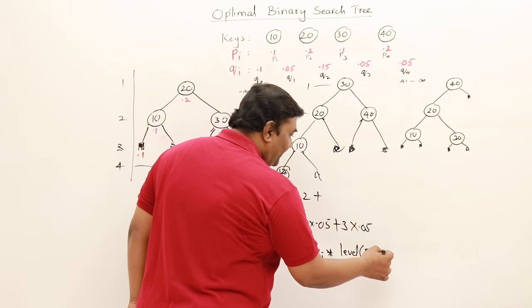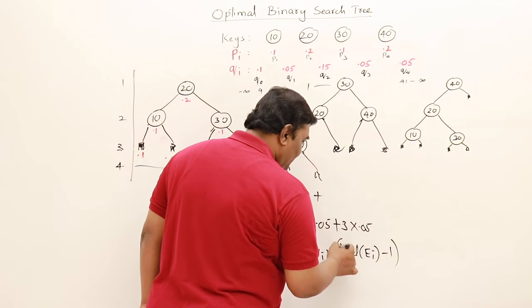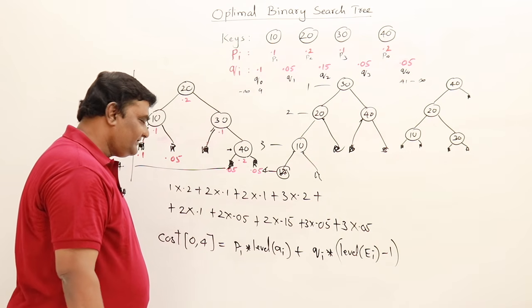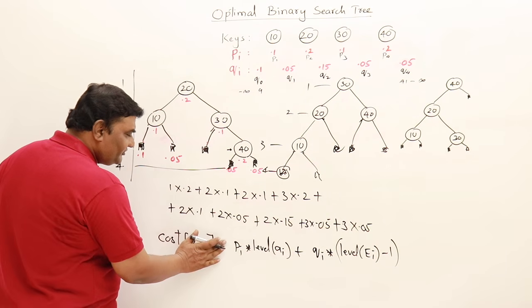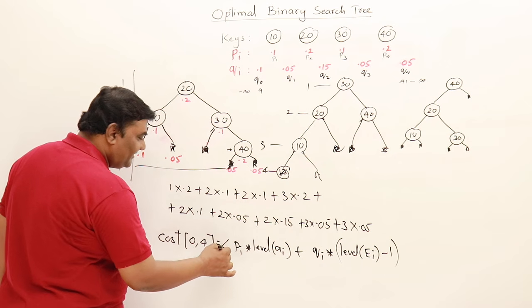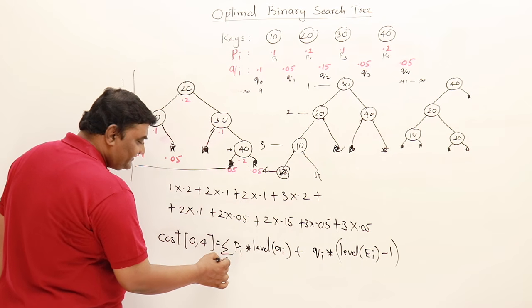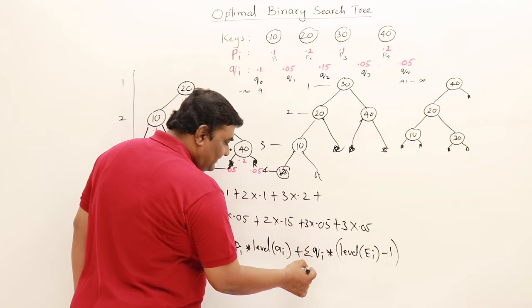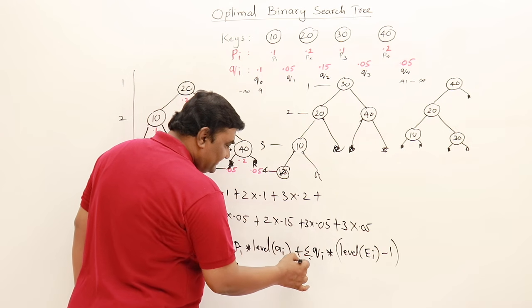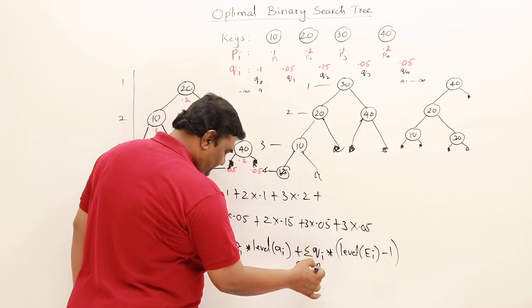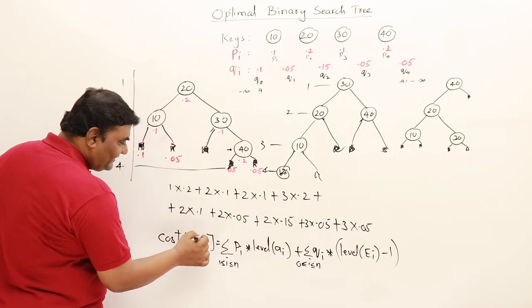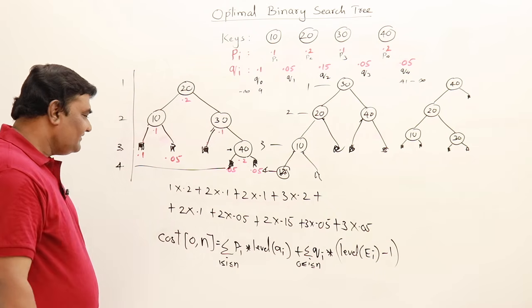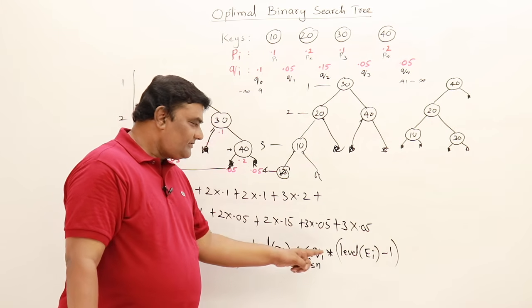So this is minus 1. So this level should be 1 less, and I have to do summation of all this. So let us say this is sigma, where I takes the values starting from 1 to n, and here the I value will start from 0 to n, right? So here it is not 4, it is n. So this is from 1 to n, that is from 0 to n.